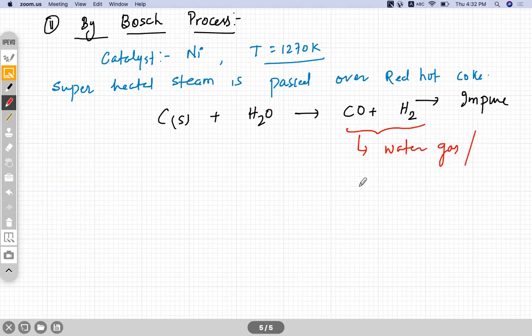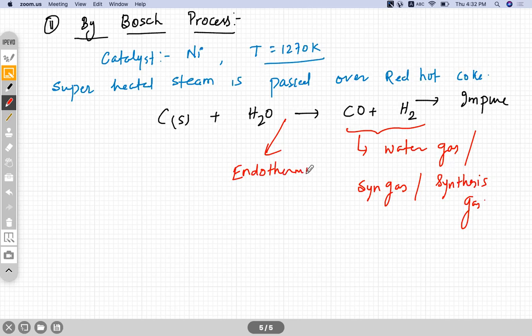We also call it syngas, or we also call it synthesis gas. All are the same thing. The reaction is endothermic in nature.